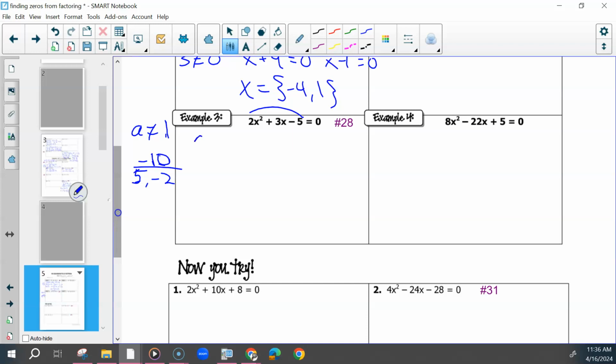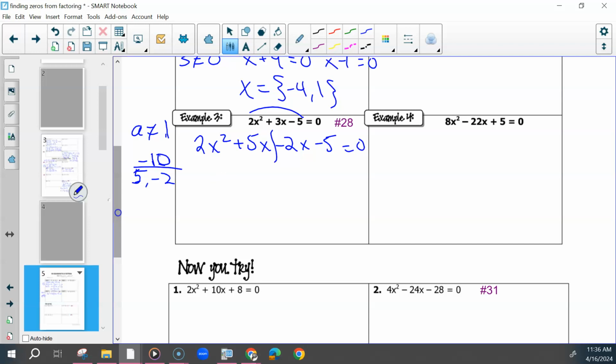Rewrite this into 4 terms. If you want to switch those so that the 2's go together and the 5's go together, that's also fine. Split it down the middle. Find the GCF of both sides. What would it be of the left side?